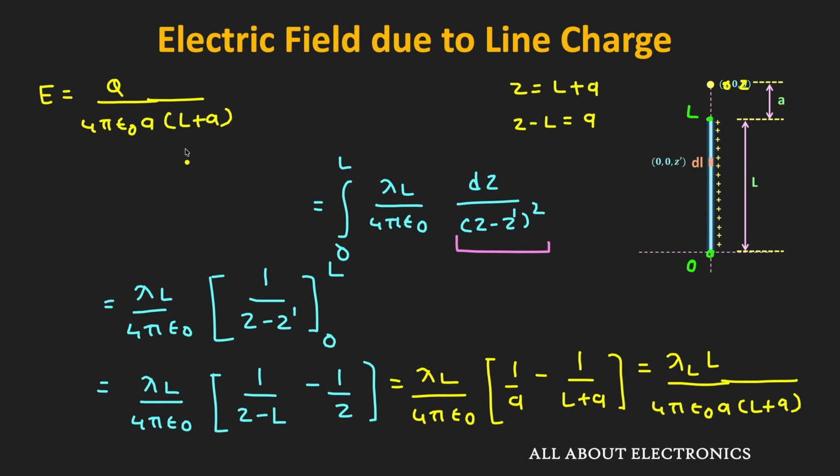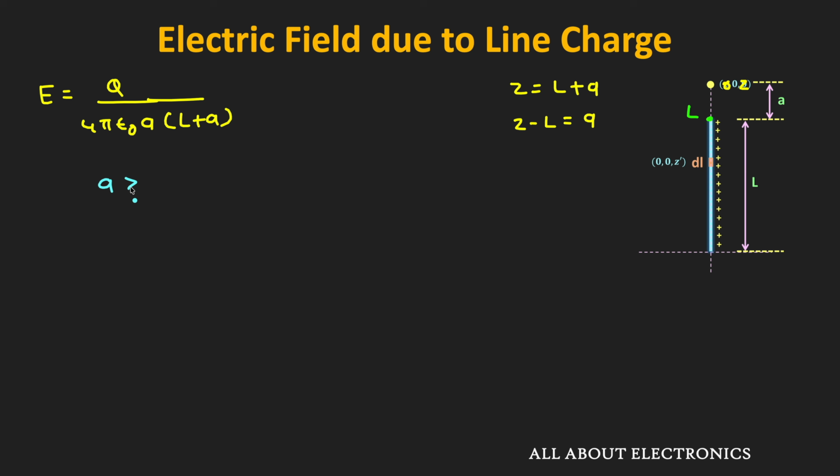Now in this expression, suppose A is much greater than L, then in that case this expression can be written as Q divided by 4 pi times epsilon naught times A square, because in this condition L is negligible.